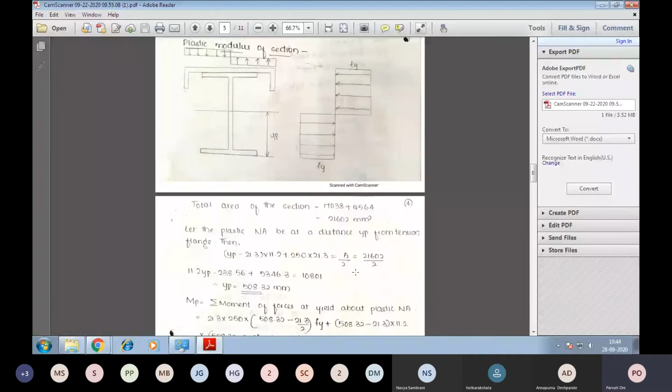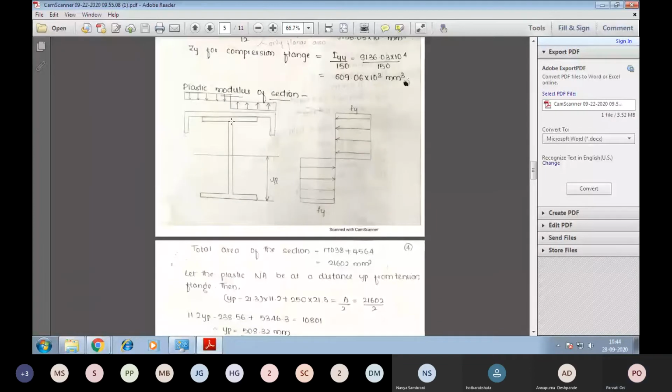How are you going to calculate this depth? The total distance is 600 minus this 21.3. Only the I section you have to calculate; the flange section you are going to calculate separately in the next step.